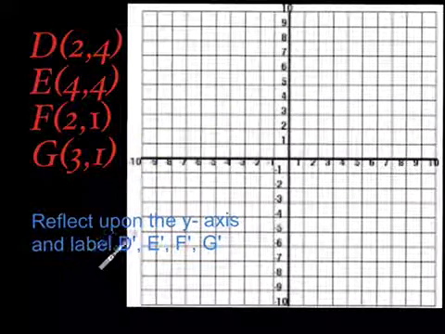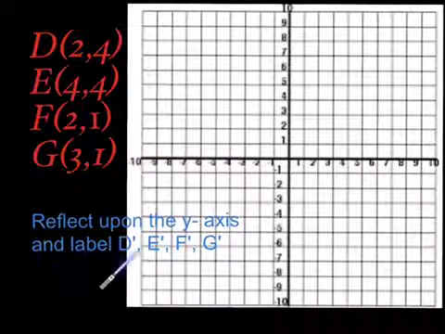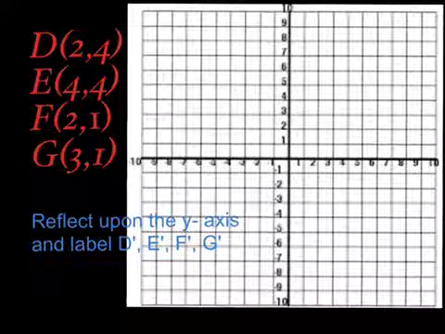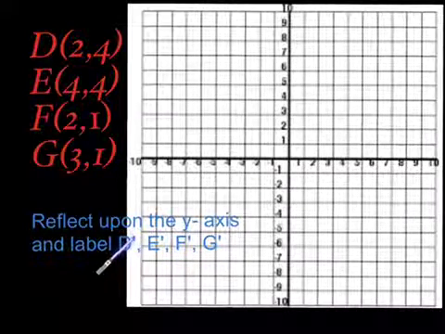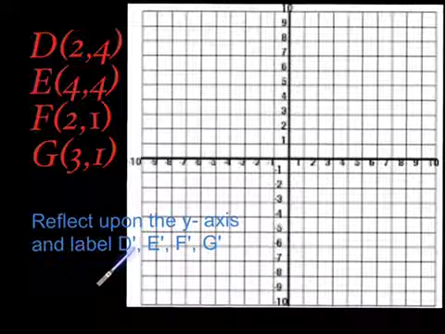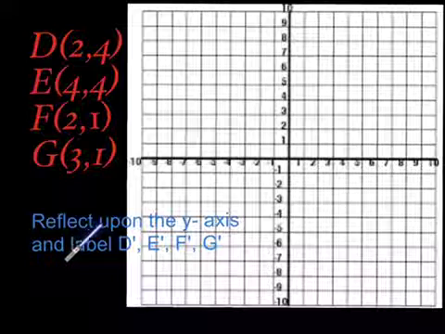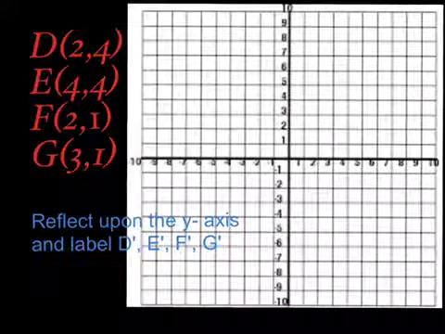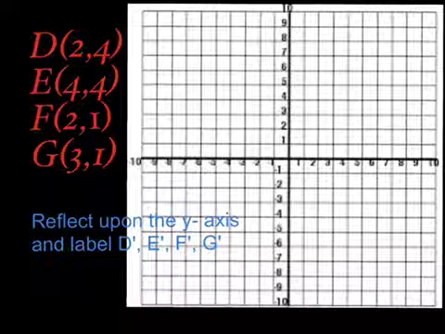So now we are going to reflect upon the y-axis and label D prime, E prime, F prime, and G prime. If you're still confused, the prime mark on our letters means it's the same figure, just a little bit tinkered with. Okay, so now we graph D prime, E prime, F prime, and G prime.